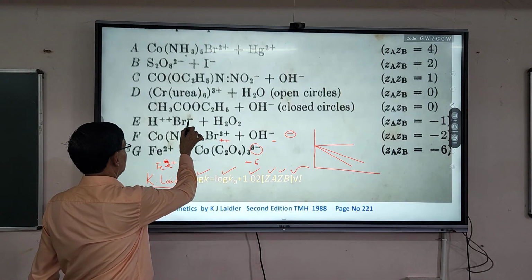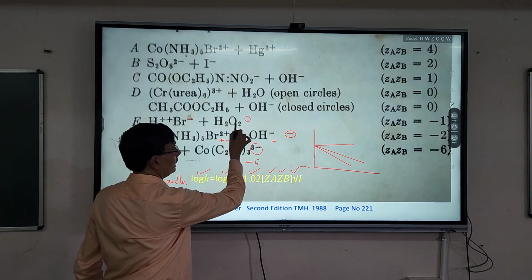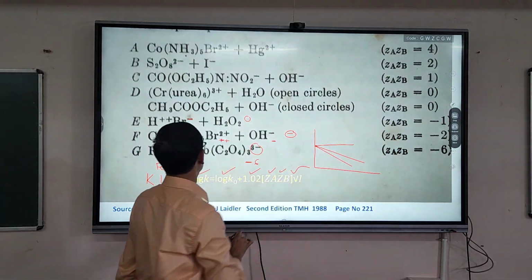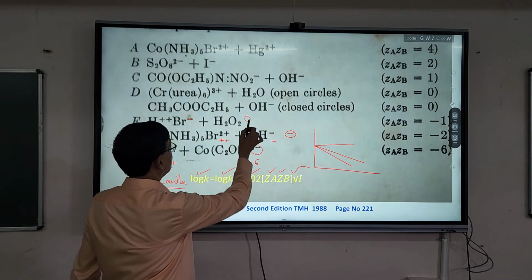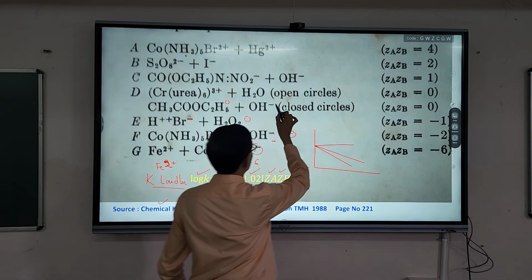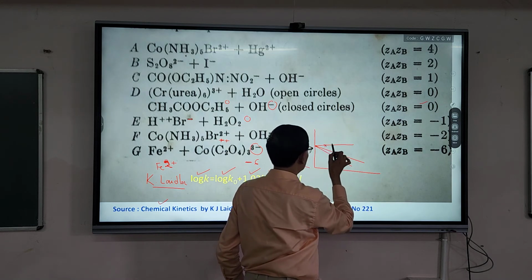Here it is negative, here it is 0. So the net result is 0. Here it is 0. So 0, no change.